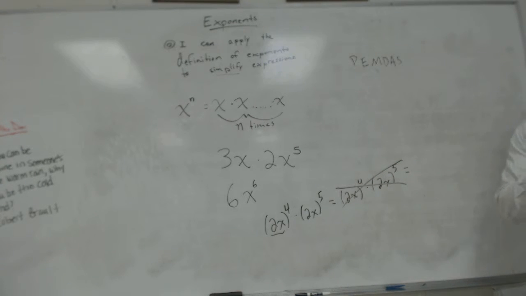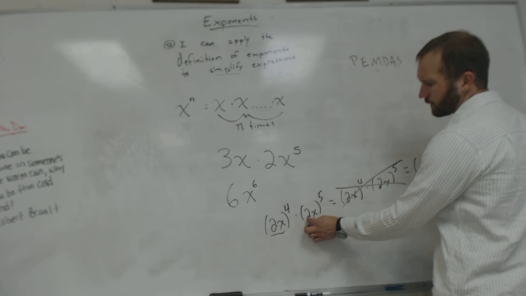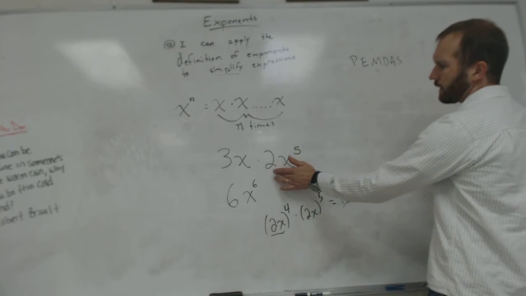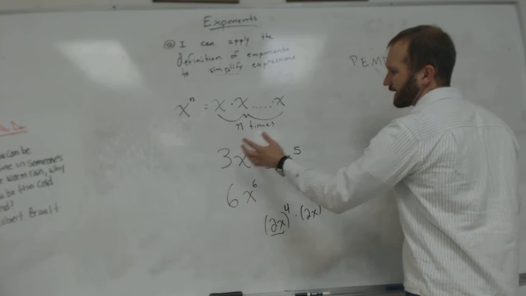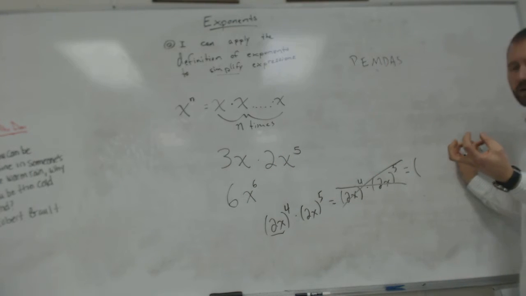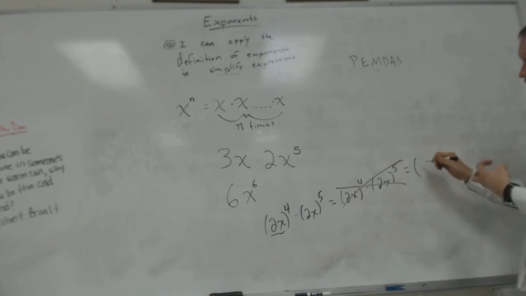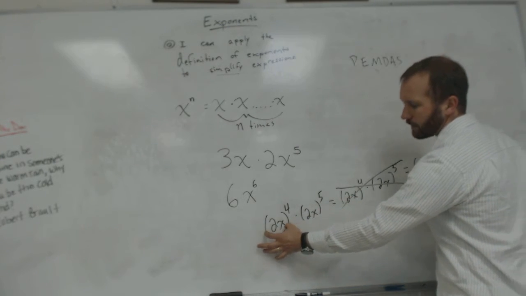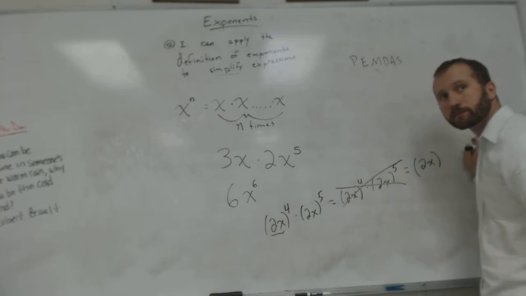It could become 4 and 5 is at least. Okay, so in this case, I'm actually not going to multiply the 2's, because they're not outside of the parentheses. I can't get at them. Right? So in the parentheses, I will keep my 2x. That is my base. My base is 2x.